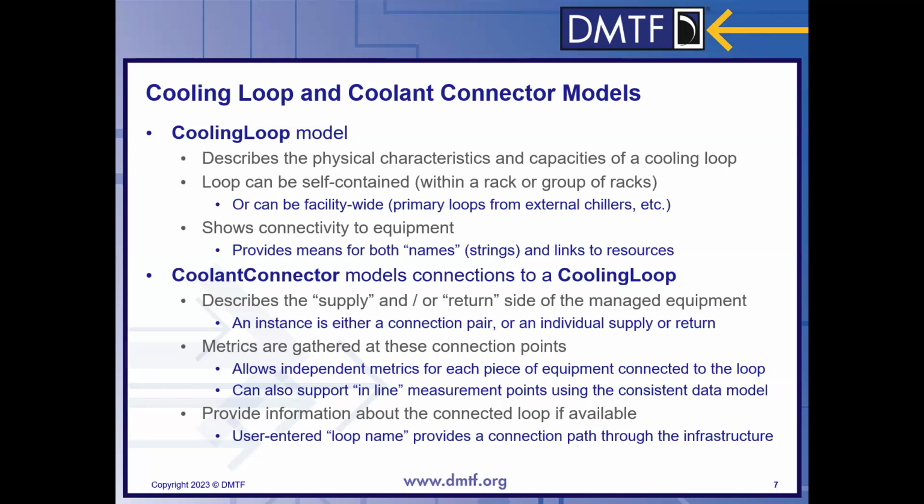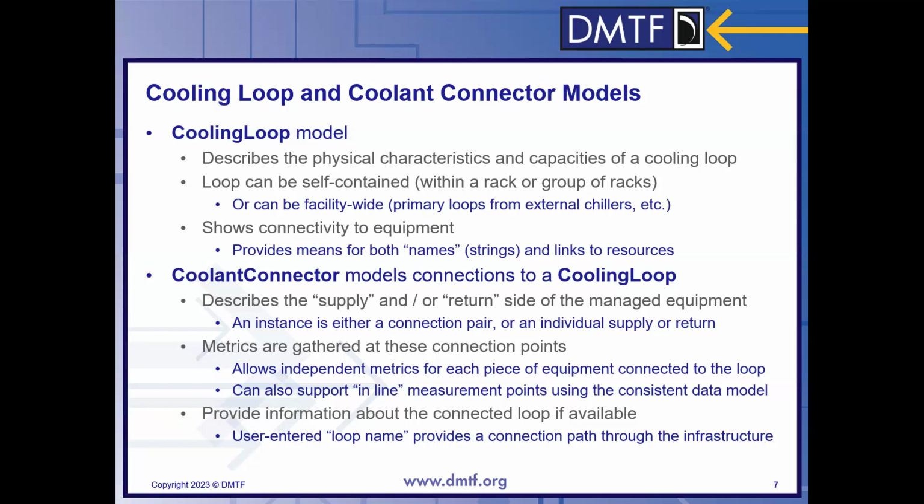In Redfish, this is called a coolant connector, and you make a connection between a cooling loop and some piece of equipment. Since these are generally loops, there can be a supply and a return side. Those can be monitored or rendered as individual connectors depending on the needs of the gear.